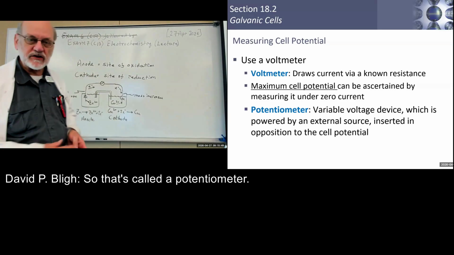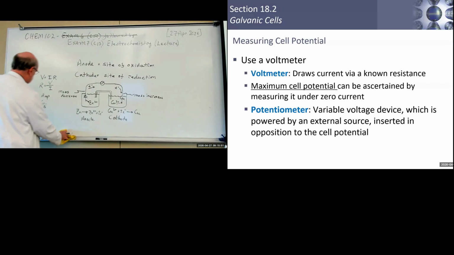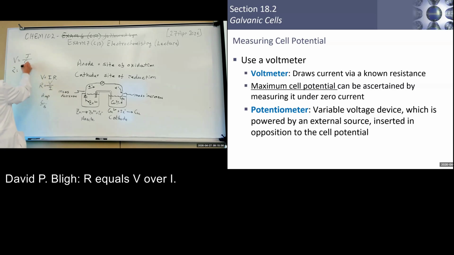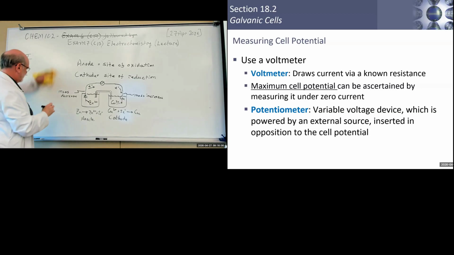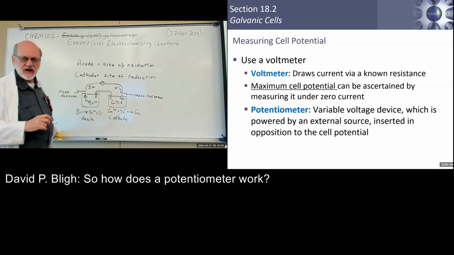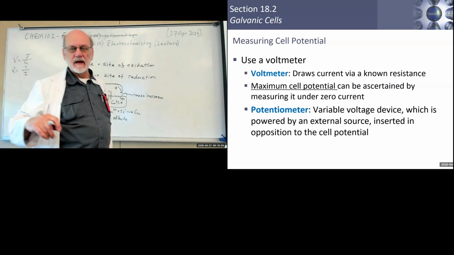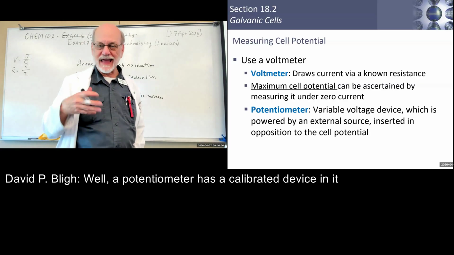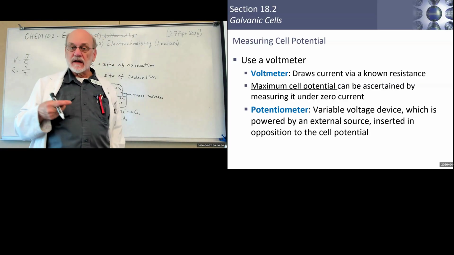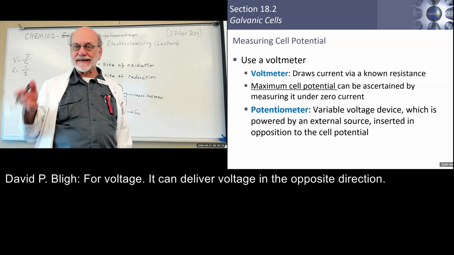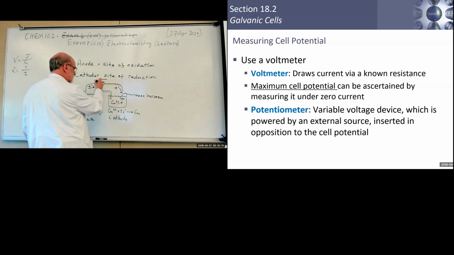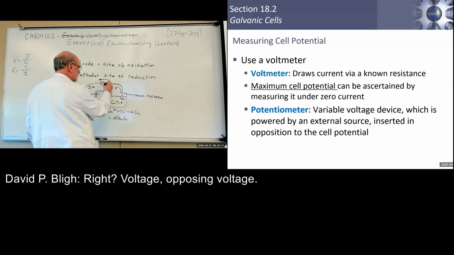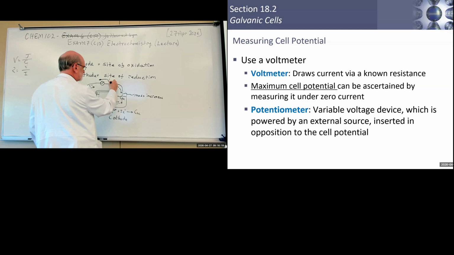So that's called a potentiometer. Let's put this one over here: R equals V over I. So how does a potentiometer work? Well, a potentiometer has a calibrated device in it for voltage. It can deliver voltage in the opposite direction, an opposing voltage.